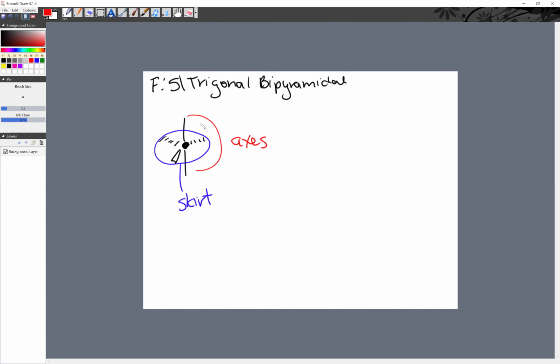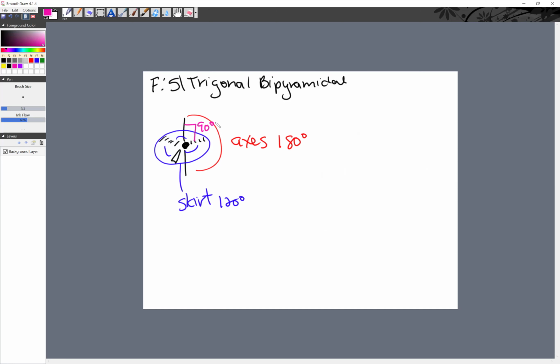The angle between the axes is 180. The angle in between the skirt is 120 degrees. Okay, so those angles right there. But then if you look from the axis to the skirt, that is 90 degrees. So family trigonal bipyramidal, you actually have to know where you're talking about in order to tell me which angles.